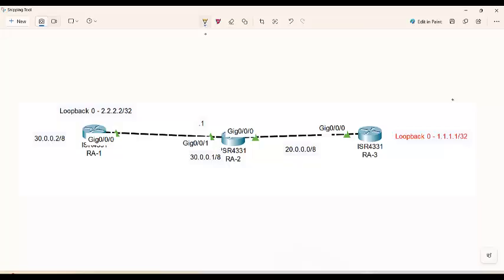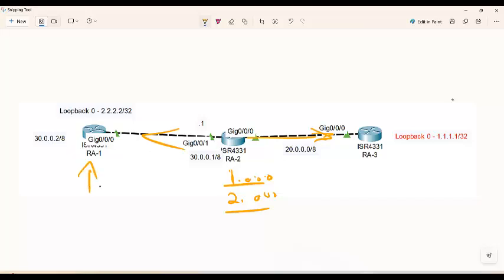I cannot write a default route there. So you have to say, if you want to go to 1 network, go here. If you want to go to 2 network, go here. You have to specifically say, because the directions are different.